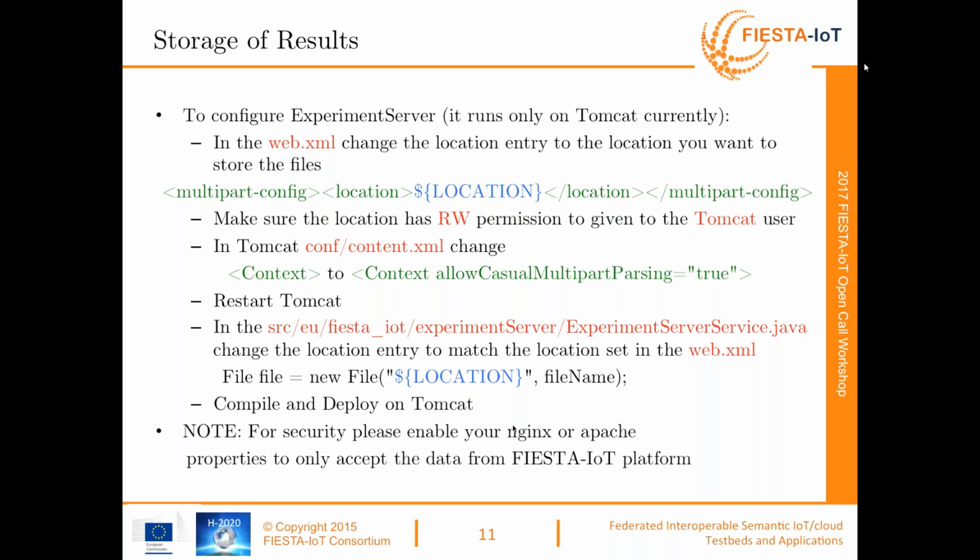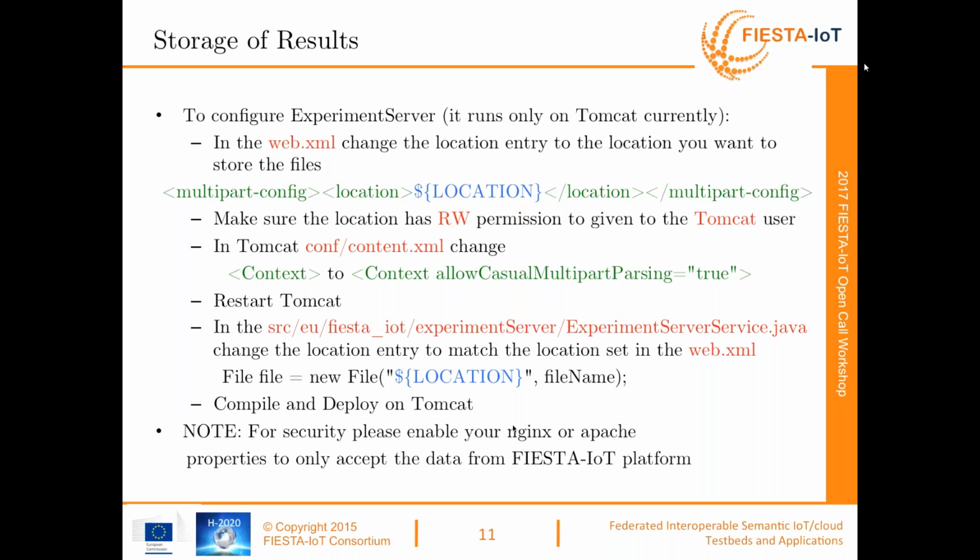It's available on the GitHub page of Fiesta. You can go there and install this experiment server, the data receiver, in your own environment. There are certain steps you should follow to set up this server.